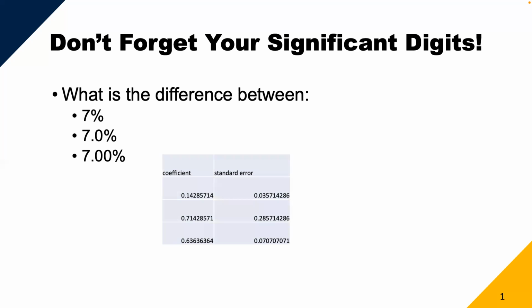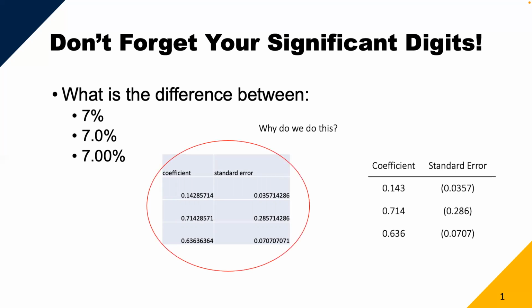So this is an example of a typical sort of answer, but when people report something like this, it is not good practice, because you're saying, oh, I'm confident about this number all the way out to the billionth place.